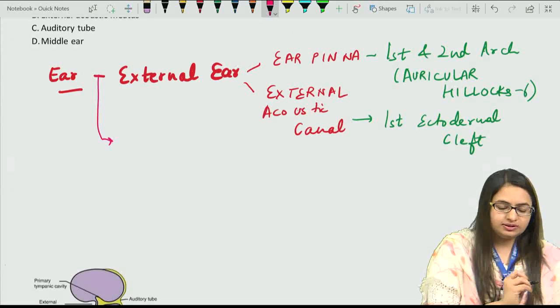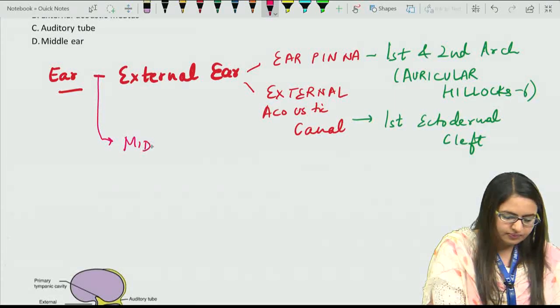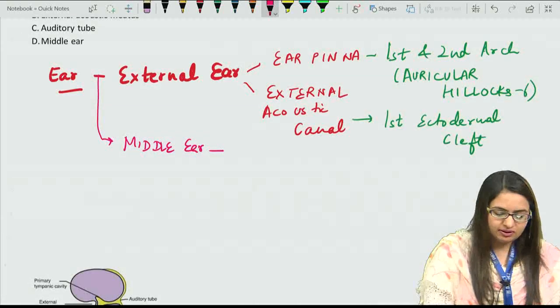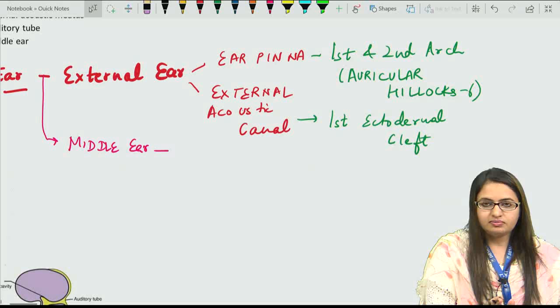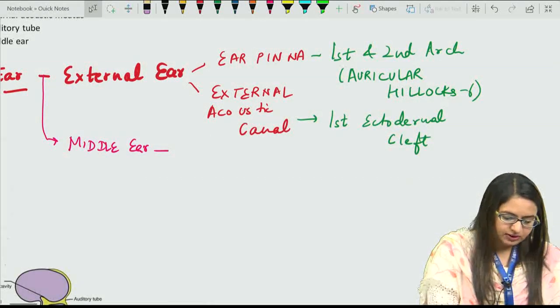Then the next portion of the ear is the middle ear. Now the various portions of the middle ear, the tympanic cavity as well as the mastoid antrum and the eustachian tube, all these structures are derived from the tubotympanic recess, which itself is derived from the dorsal portions of the first and second pharyngeal pouch.